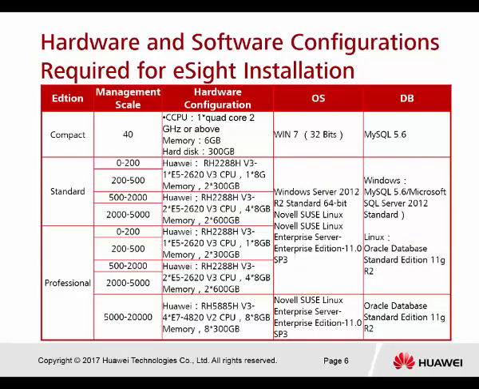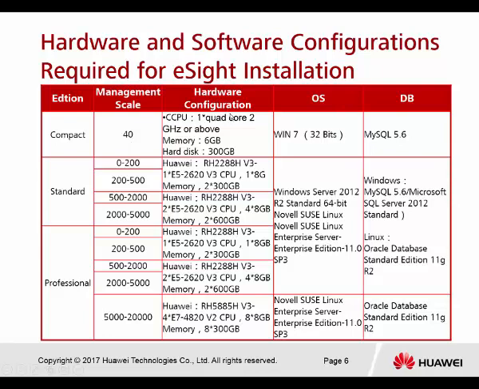Hardware and software configuration required for eSight installation. So what are the requirements that we need to look at? Let's start from the compact edition. This compact edition only allows us to manage up to 40 nodes, that means 40 network equipment.